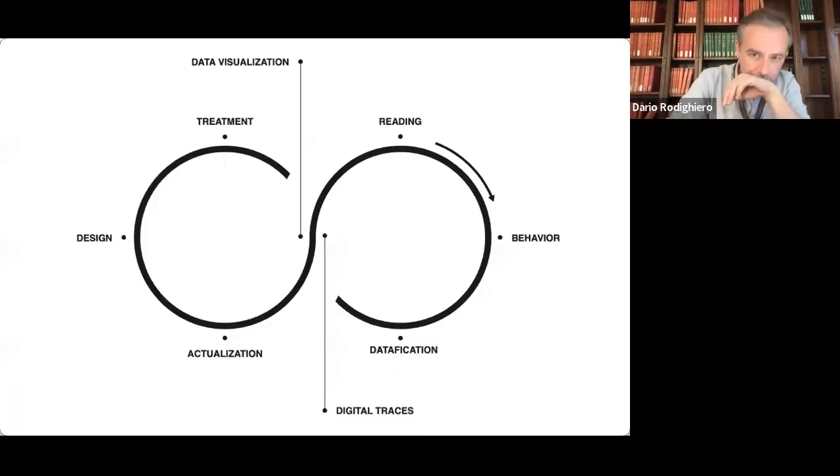And with a friend, Alberto Romene, we created this diagram, which is the diagram of design. So we have a cycle of design for the object, in that case the visualization, which is constantly updated by digital traces. And so you improve, you update the visualization, but at the same time, like Boris Groys is saying, we have an act of self-design.